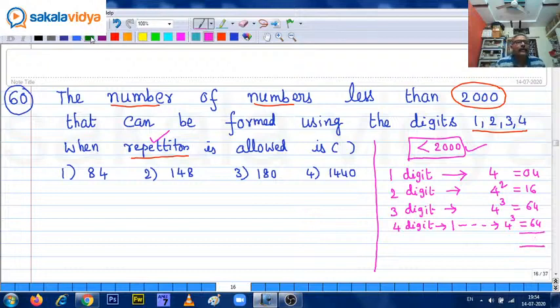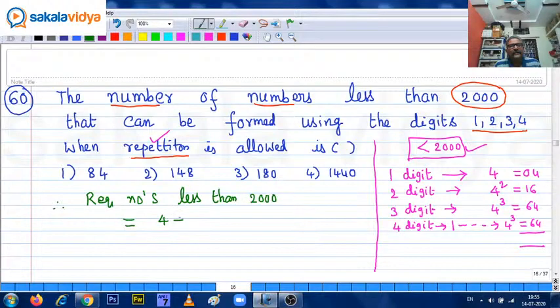So therefore the required numbers less than 2000 equals 4 plus 16 plus 64 plus 64.